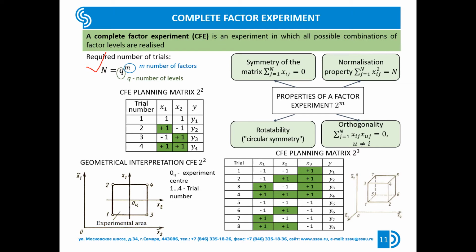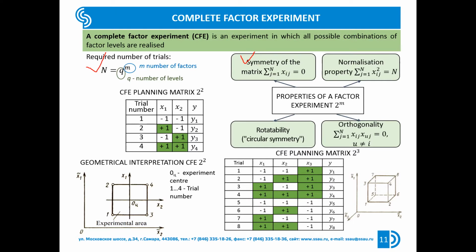The 2 to the power of m factorial experiment has a number of properties that simplify the mathematical processing of its results. Symmetry of the matrix relative to the center of the experiment. The algebraic sum of the vector column elements of each factor is 0, except for the column corresponding to the free term, where i is a factor number and j is a trial number.